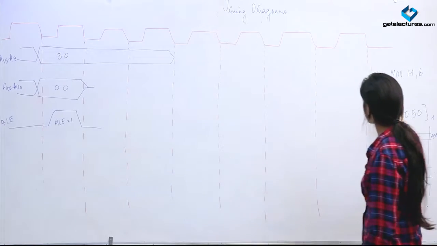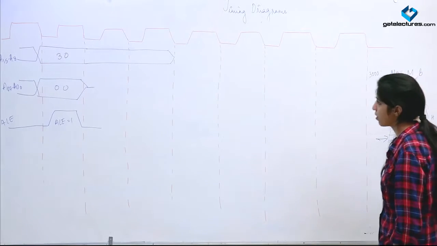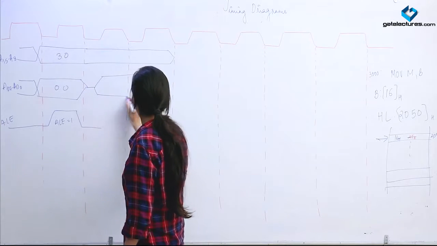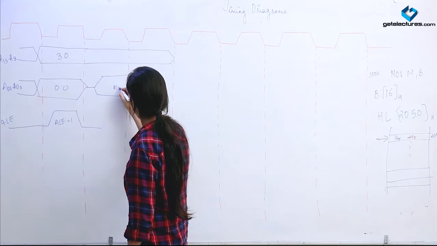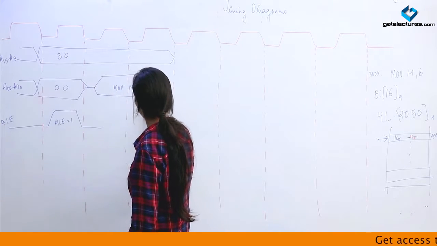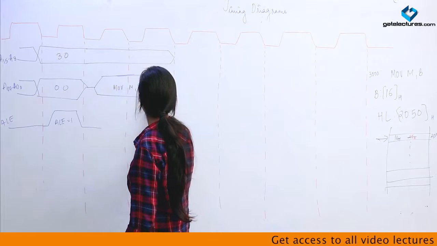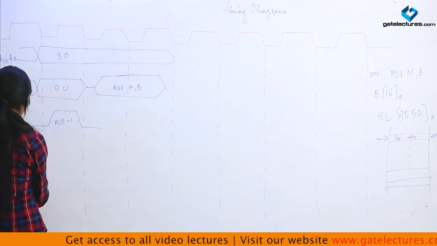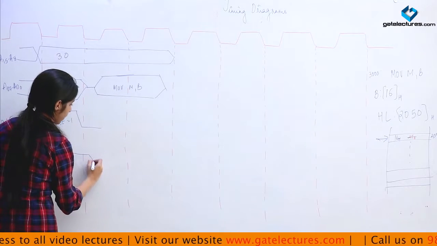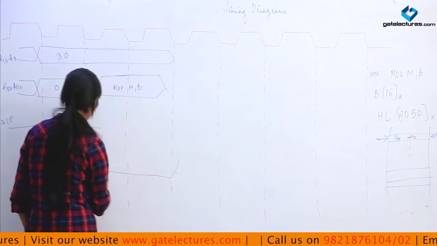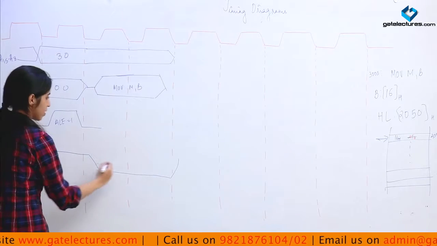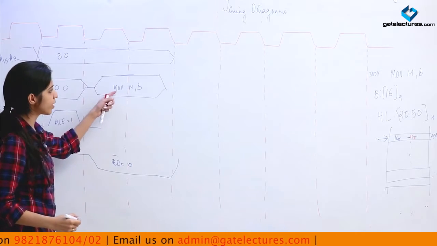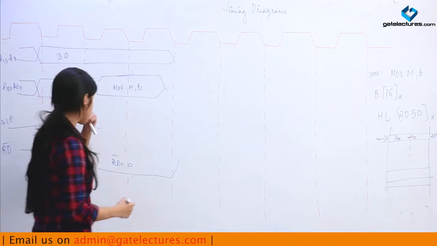The data stored at location 3000 is MOV M, B. To read this instruction you have to make read bar 0. As soon as you make read bar 0, you get MOV M, B on this data bus.